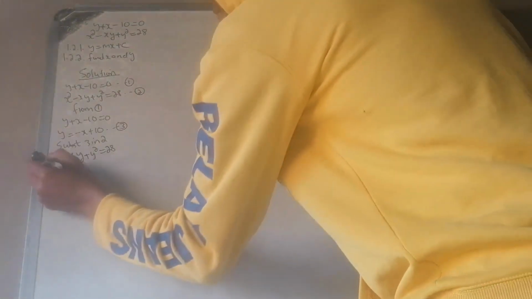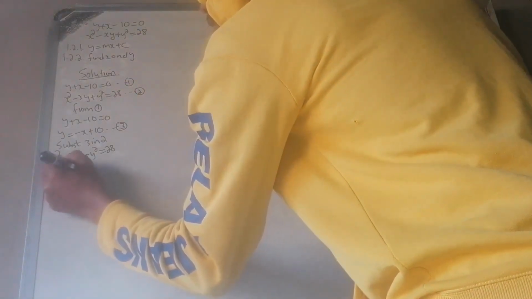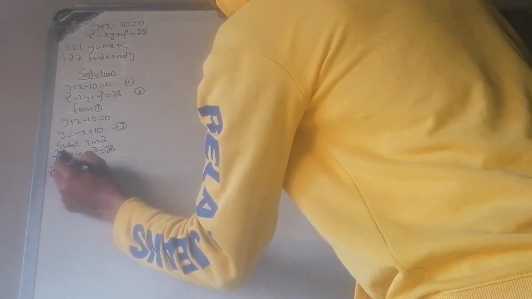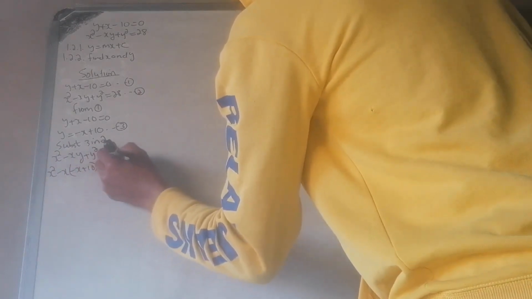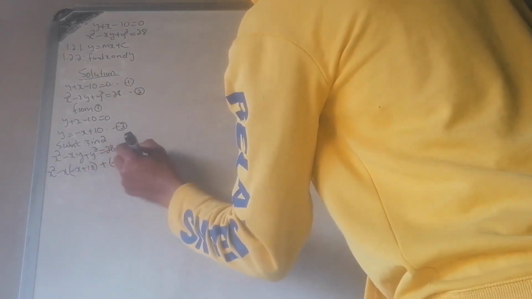And then from this equation, where I see y, I'm writing minus x plus 10. Where I see y, I write minus x plus 10. That needs to be squared, and this is equated to 28.